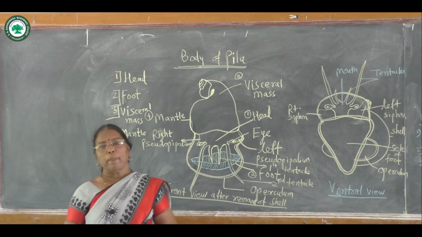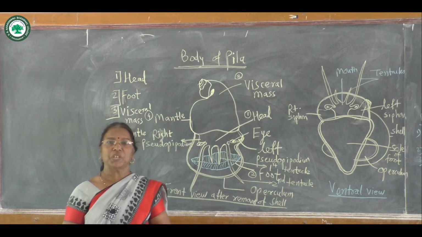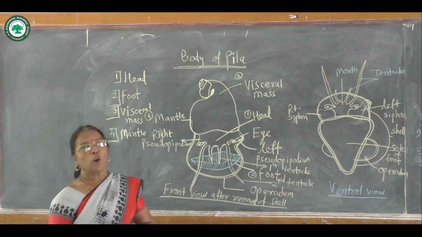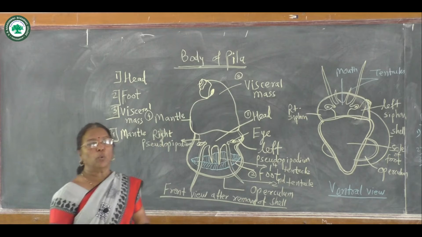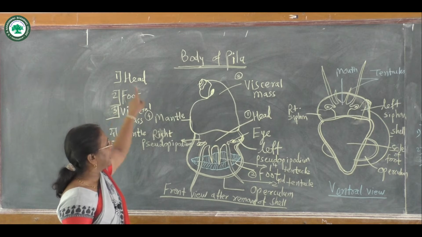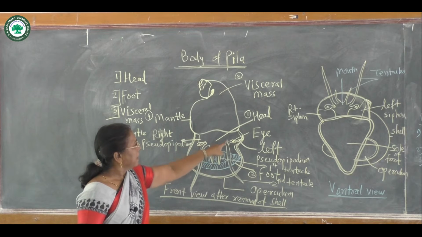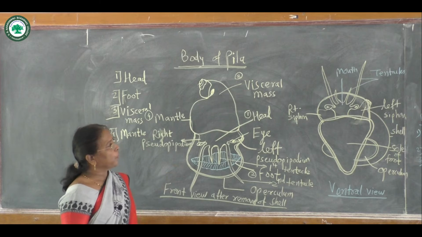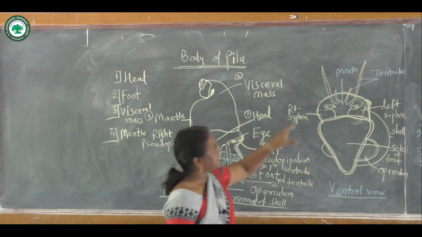The soft body of Pila after removal of the shell is exposed and looks like this. This soft body is divided into four main parts. These four parts are first the head, and the protruded part of the head you can call a snout.